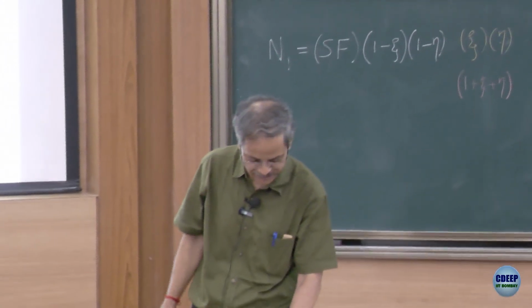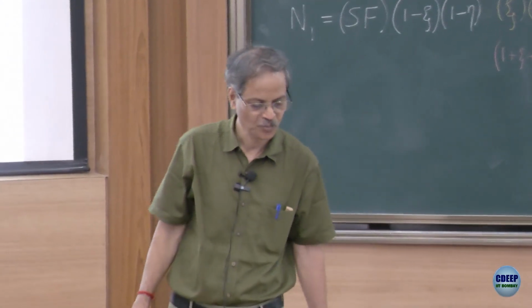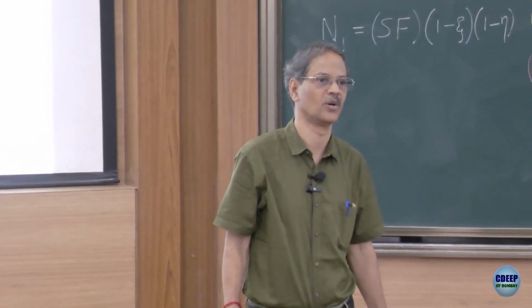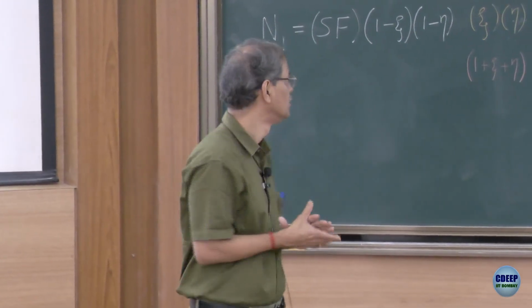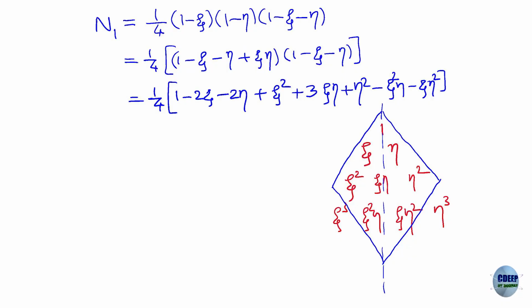Now when you expand this, I want you to look at what we got. If you expand it, you will get some constant terms, zeta eta terms, zeta squared, eta squared, then zeta eta.